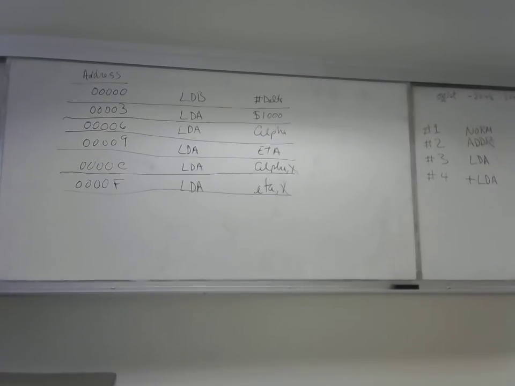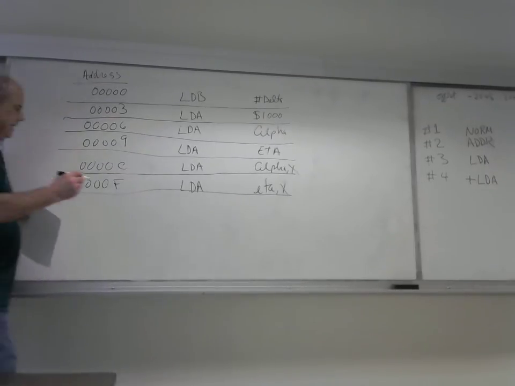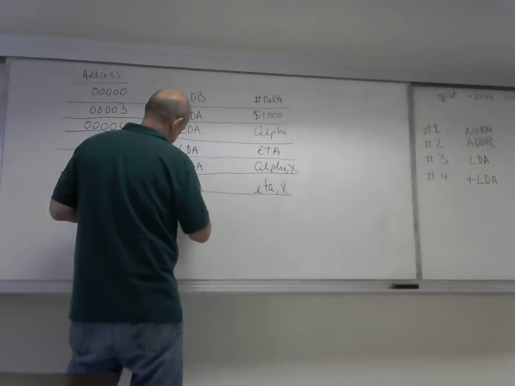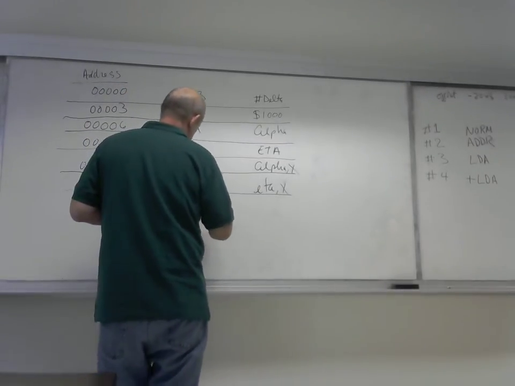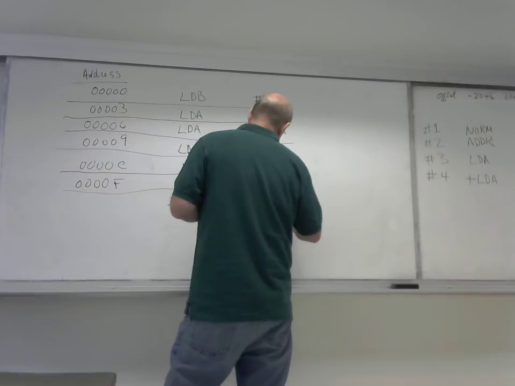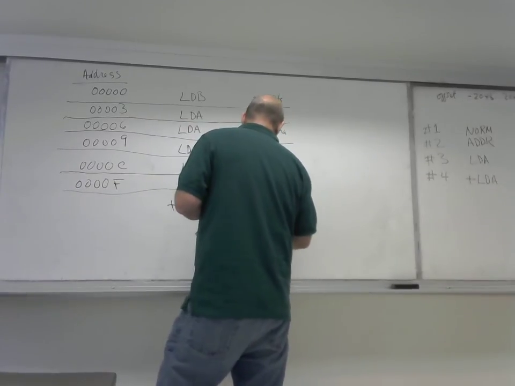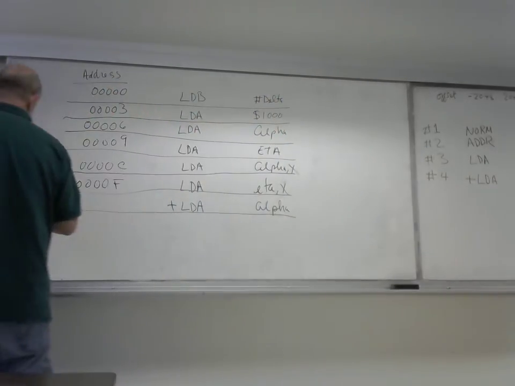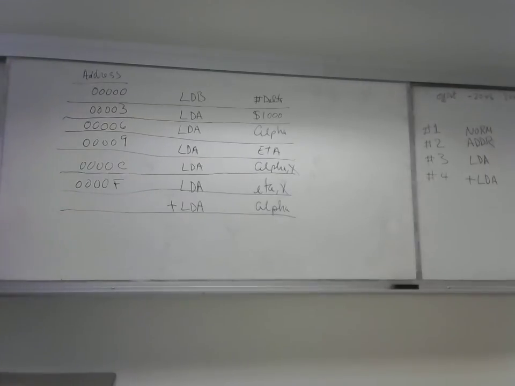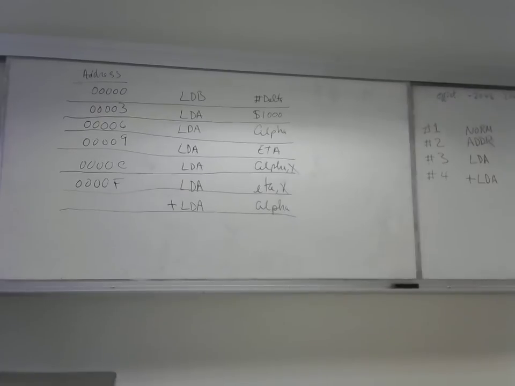See, this isn't so hard as you thought, is it? Now I have plus LDA alpha. So this is the format 4 instruction. What's this address? One, 3.